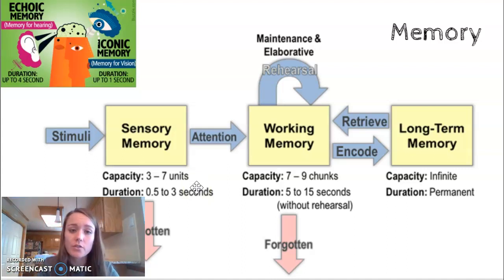There are two types of sensory memory. Echoic are the sounds that you're hearing and that are coming in, and they're not usually kept. Iconic, this is the visual information that's coming in and is not kept. And this is just any kind of information that you're visually seeing and hearing that if somebody asked you in 5 minutes about, you wouldn't remember.